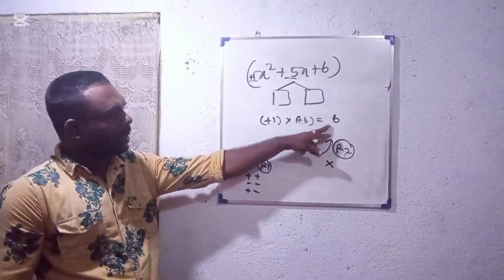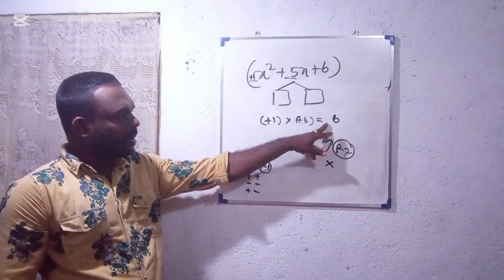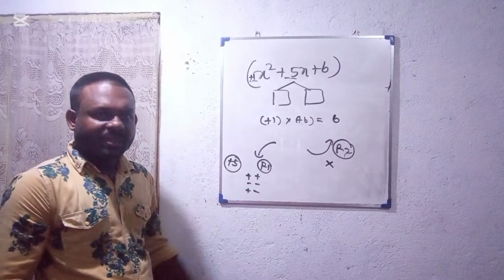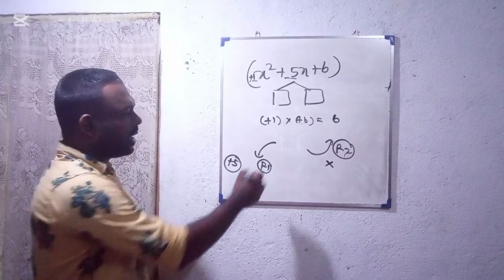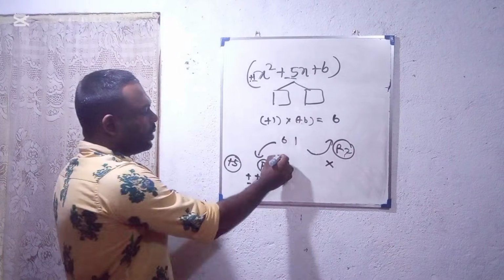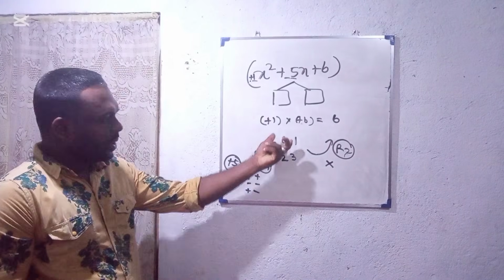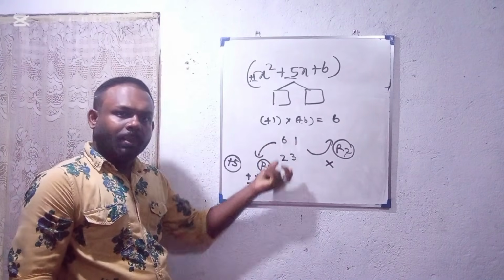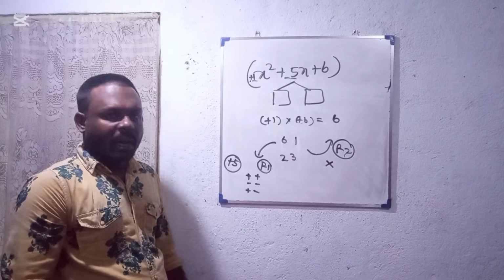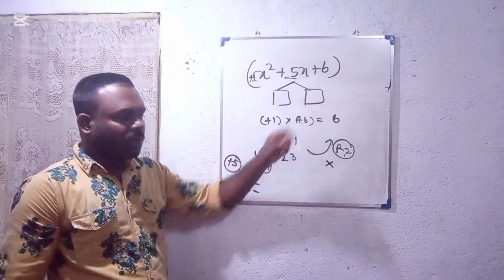There are some examples here with minus numbers. So you have to write the factors of plus 6: 1 times 6, then 2 times 3. You have to travel along the multiplication table. These are the factors of plus 6.